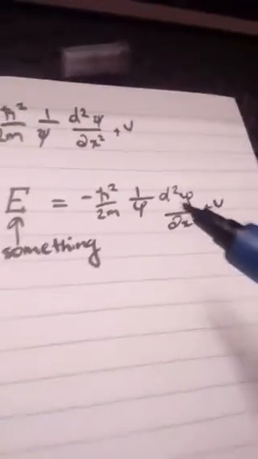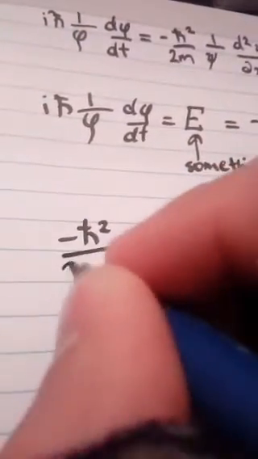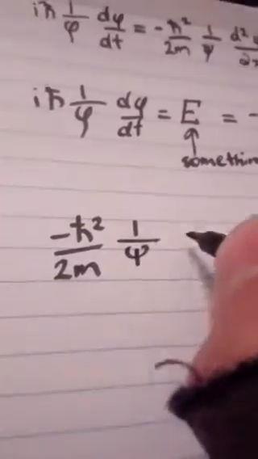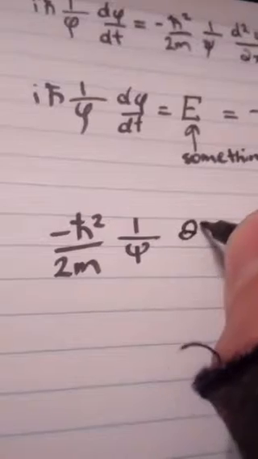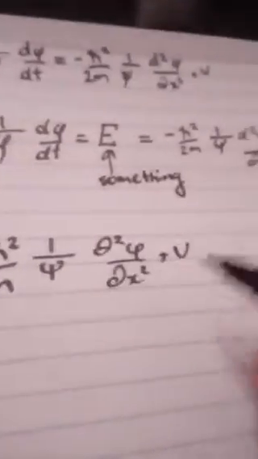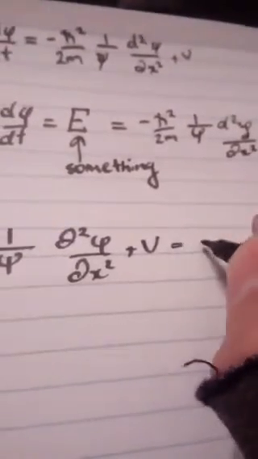So what we have done, this is the space section, remember? So now we can say that the space section of any quantum particle, which is this part here, 1 over psi d 2 psi dx squared plus the potential energy, equals E. There you go.